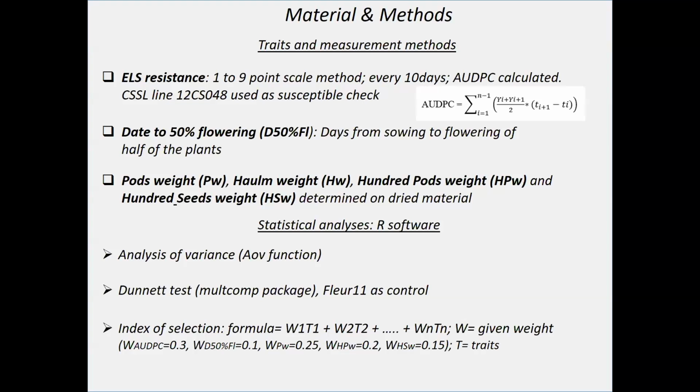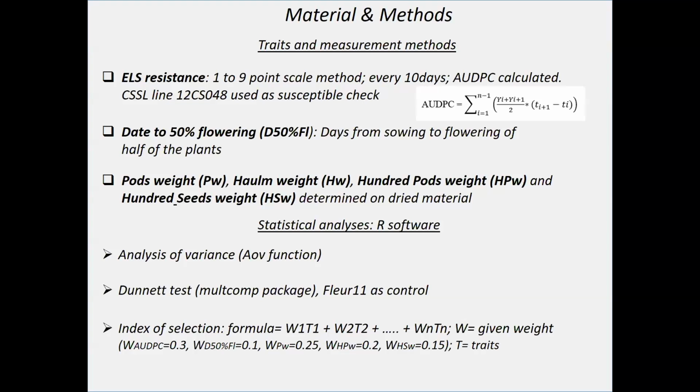For statistical analysis, we did an analysis of variance using the AOV models. From these models, we exploited the BLUP adjusted means that we used to perform a mean comparison test between Fleur 11, the recurrent parent, and each of the lines.